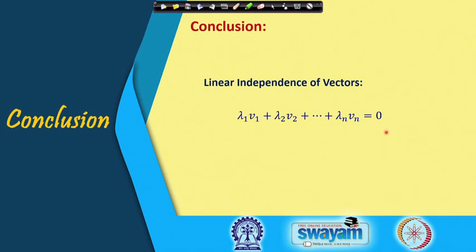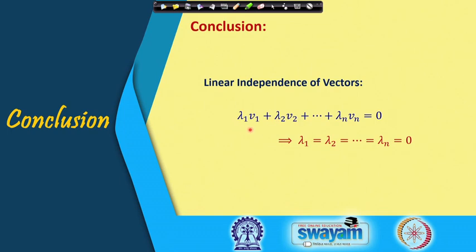If out of this equation we get the unique solution lambda 1 equal to lambda 2 equal to lambda 3 equal to lambda n equal to 0, then we call this set linearly independent, because that is the only possibility coming out of this relation.